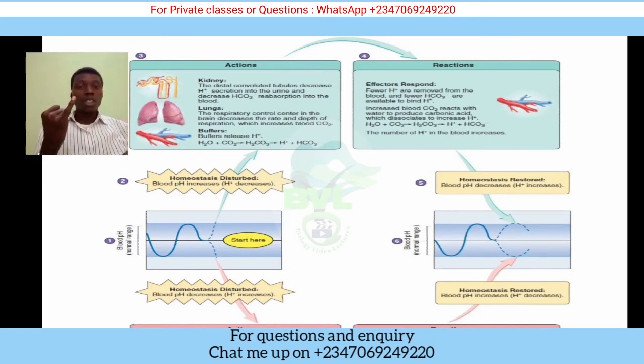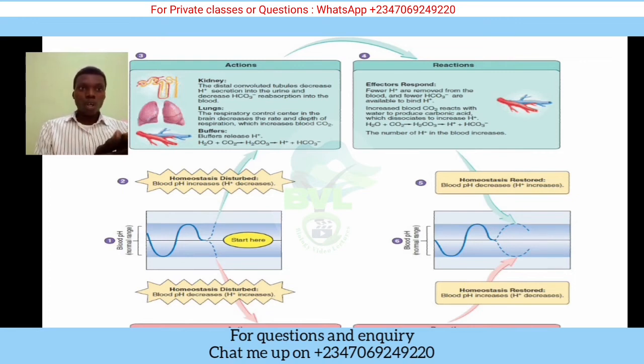Hydrogen will help us to increase acidity. Then HCO3, which is bicarbonate, its presence will bring about basic nature. So we need to extract it the more. So you can see that we got decreased reabsorption of HCO3. So we need to extract more HCO3 and retain more hydrogen. All right. Hope that is clear. So that is what happens.